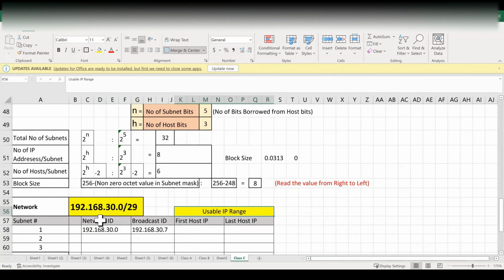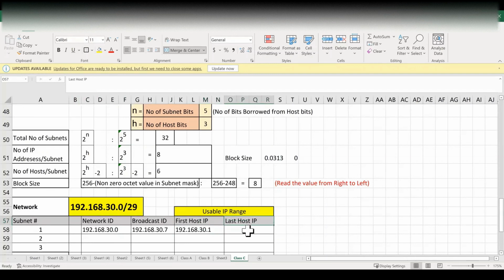Then we have to find the usable IP address range. It normally lies between the network ID and broadcast ID. It will start from 30.1 and end with 30.7. To get the first host IP, we have to add one to the network ID, that is the next IP address of our network ID. So we will get 30.1.